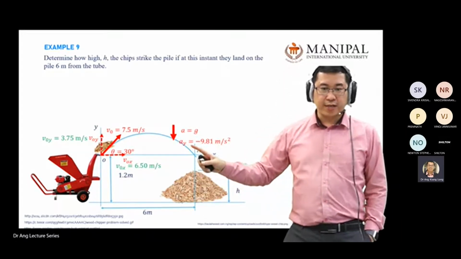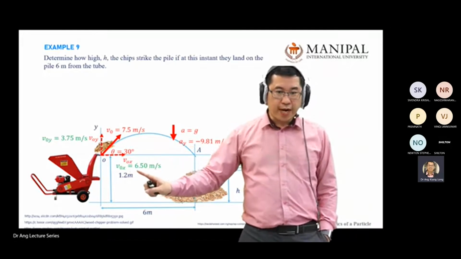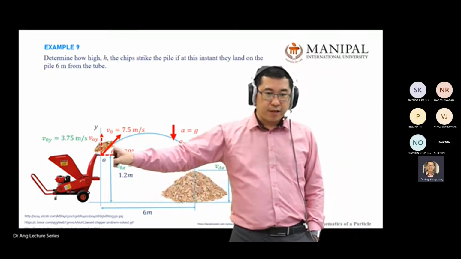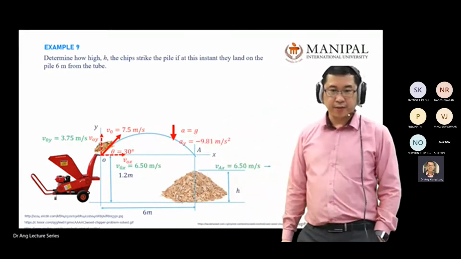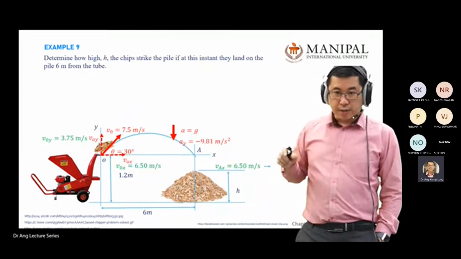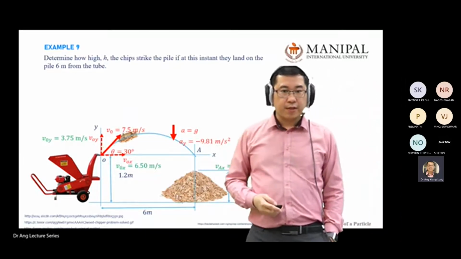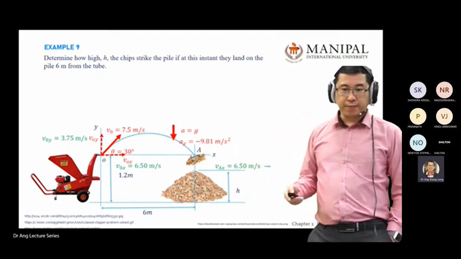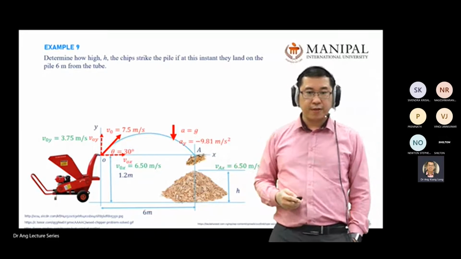AY don't need to calculate now. It's a standard. You have your VOX 6.5. You have your VOY is 3.7 something. Okay, next. VAX is this one, 6.5. Okay. You know that the velocity here is 6.5.